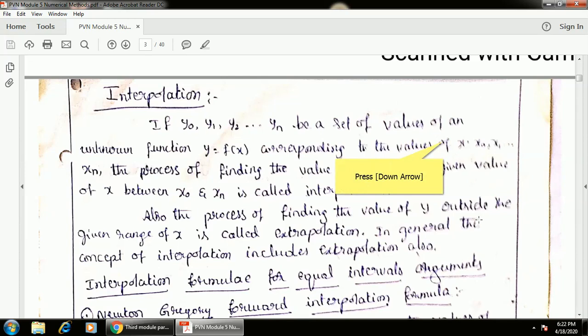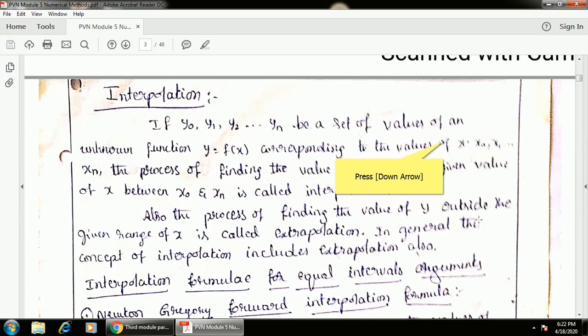It is the process of finding the value of the unknown function for some value of x with the help of equidistant values of x and y. If we have the values of the function for some values of x at equal intervals, and we don't know the function, but we are able to find the value of that function for any value of x within that range, that is known as interpolation.